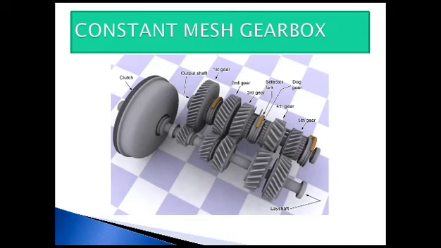The only difference is there is a separate dog gear available in between the connected gears. When the dog gear engages a particular pair, that particular power will be given to the transmission. So this also has the same disadvantage: the teeth in the dog gear can easily get damaged.